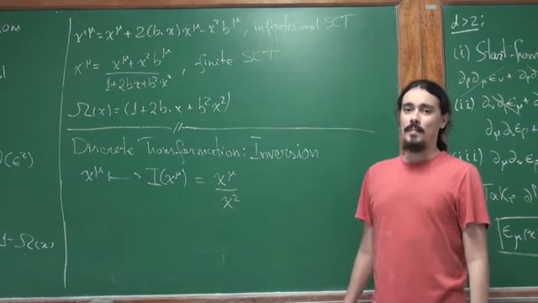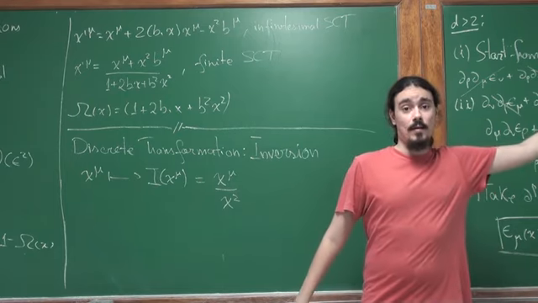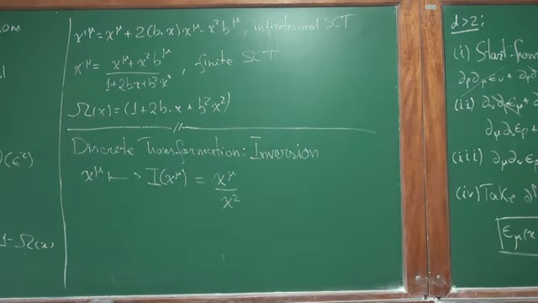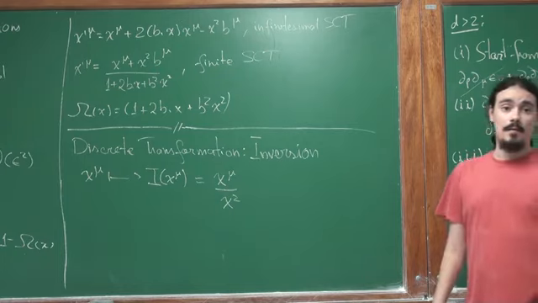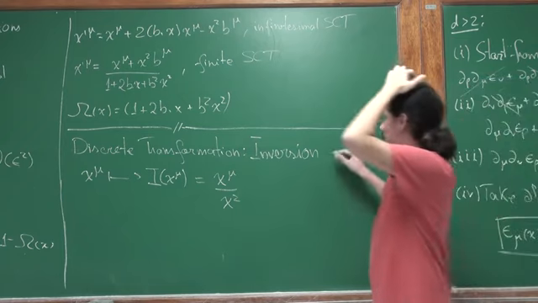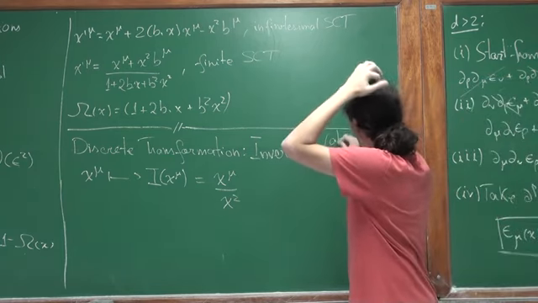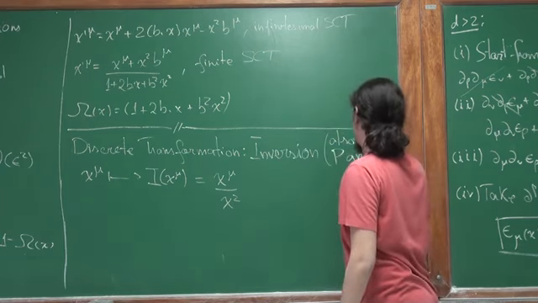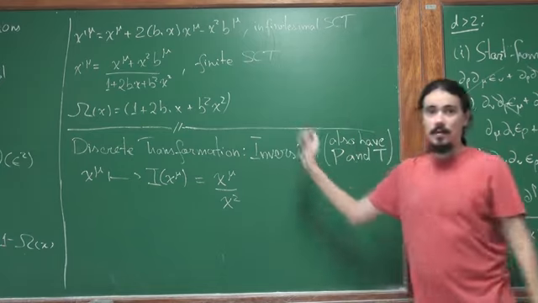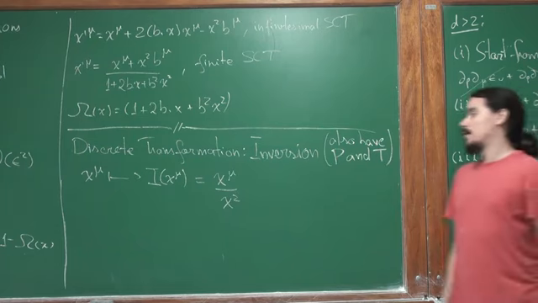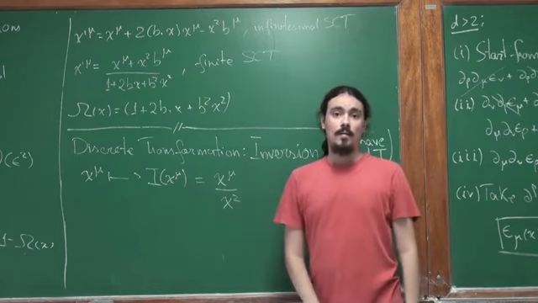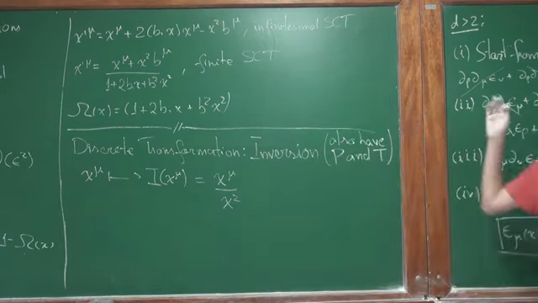That's included, as in the Poincaré group for points in QFT, you still have P and T here. But inversion clearly does not preserve lengths. So that's why it does not show up in standard quantum field theory.